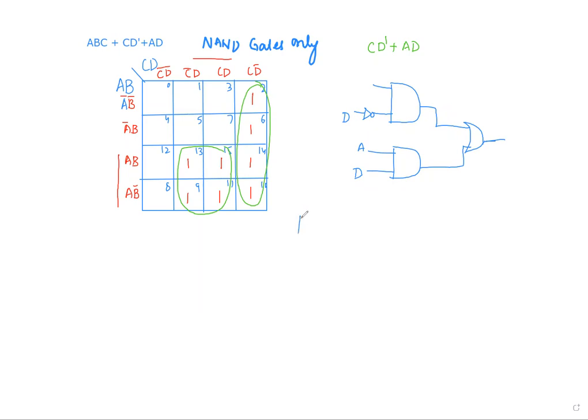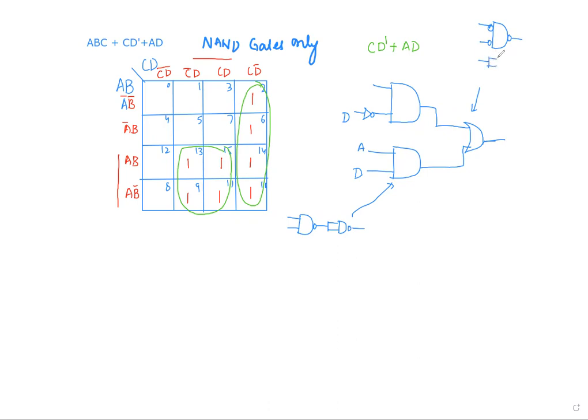A NAND gate can be converted into an AND gate using a simple step, so you replace it here. Your OR gate is to be replaced using a bubbled NAND gate like this.